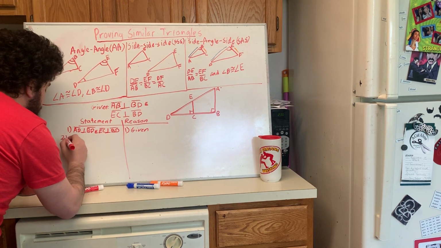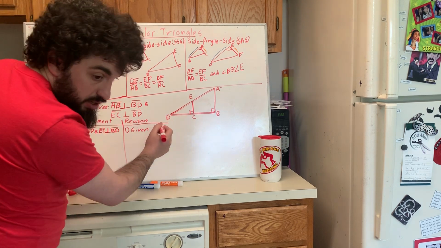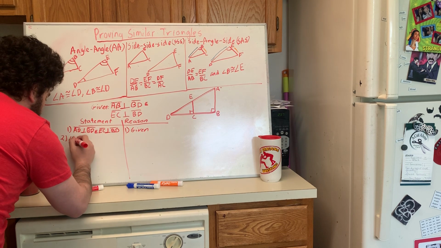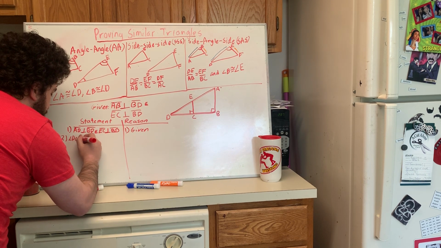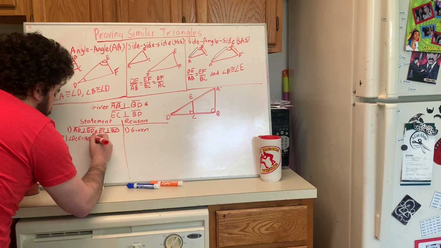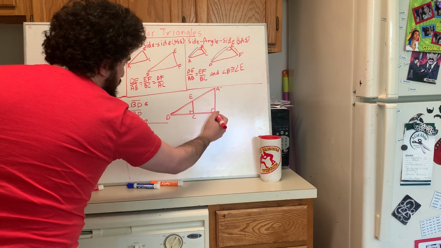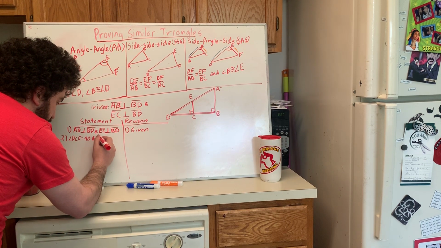So for statement number 2, I'm going to say that angle DCE is equal to 90 degrees, and the angle DBA is also equal to 90 degrees.